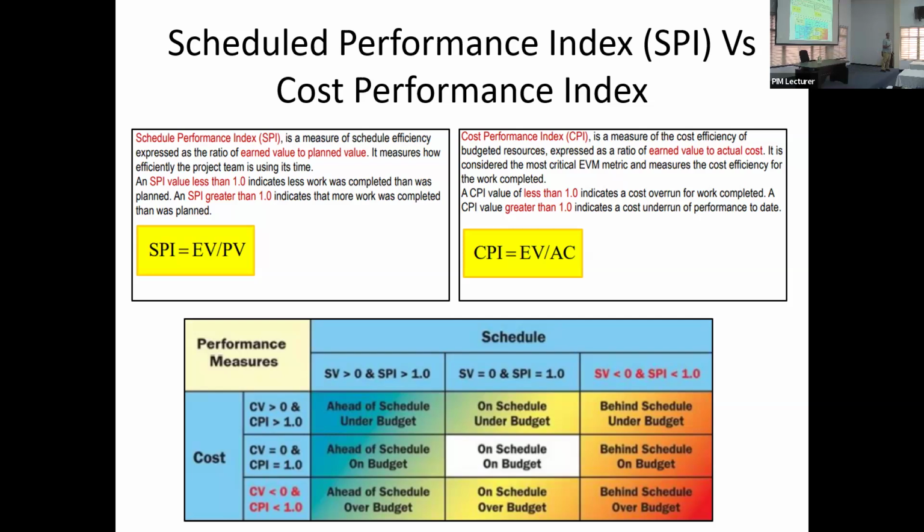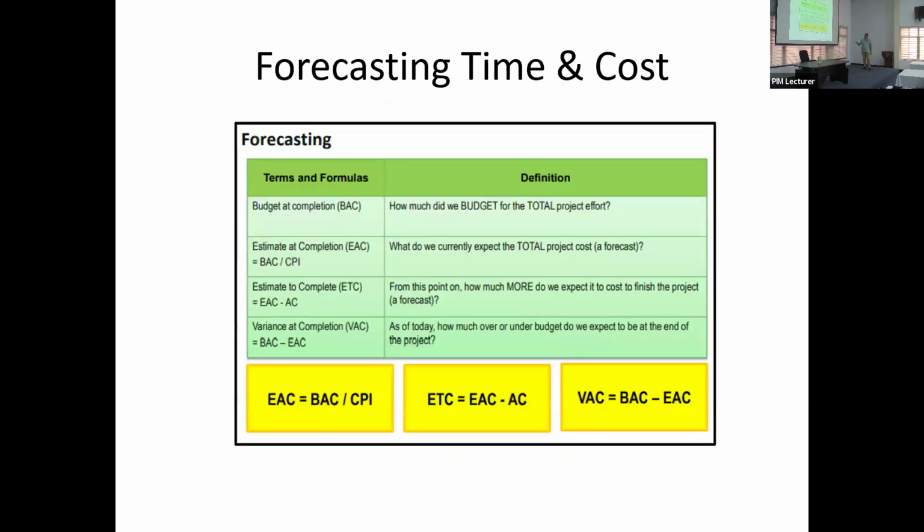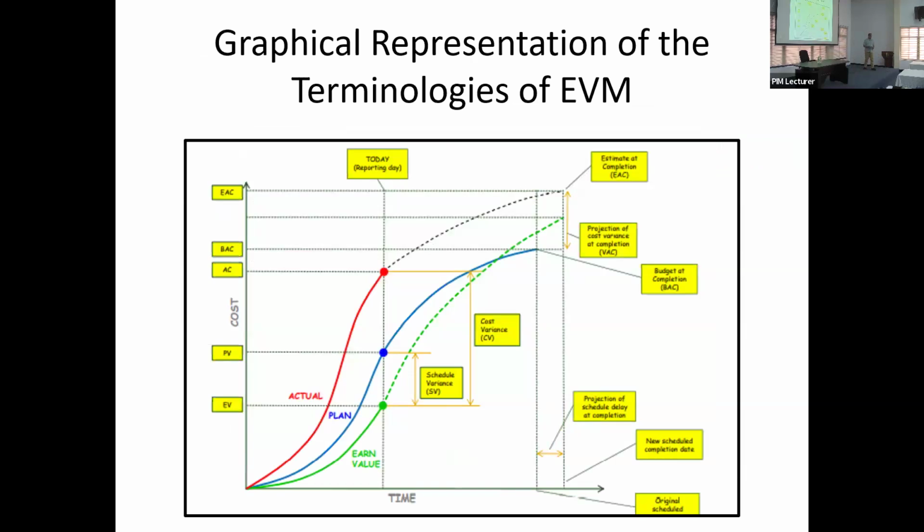Now, how do we calculate this? Let's do an example. There are some more formulas that we use for forecasting as well. So you put all that into a graph. You see the blue line is the planned one.